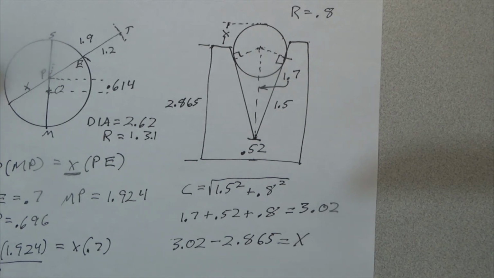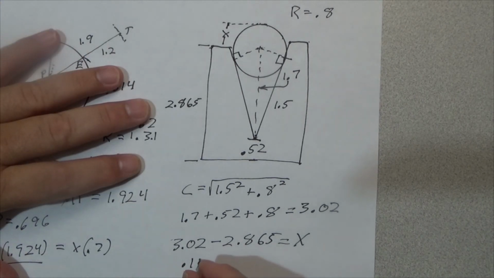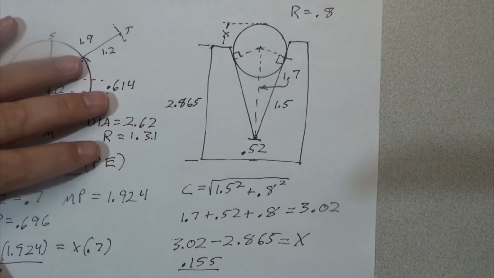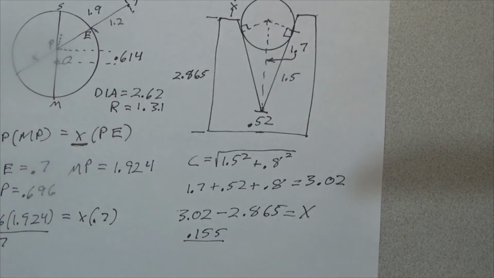Oops. Still got to hit the right buttons. 0.155. So that's what x is, 0.155.